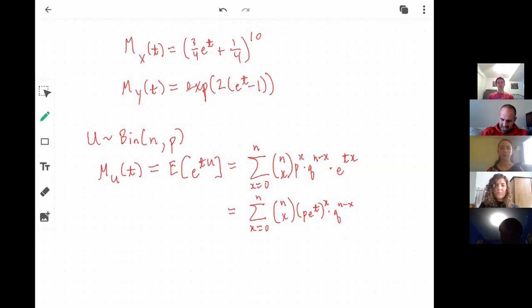Q to the n minus x. Okay? And that looks like a binomial sum to me, everyone. That's exactly what we would get if we did p e to the t plus q raised to which power? N. Yeah?